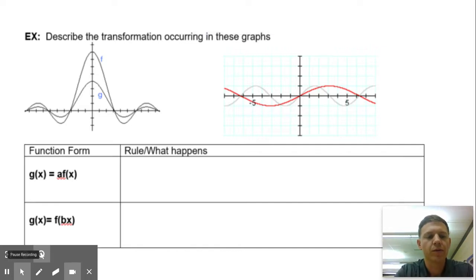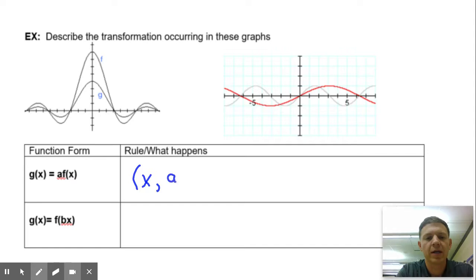The rule for our first situation: for our new function, if we take the parent function and multiply it by a, as we know from the graph above in blue, what changes is the y-coordinate. So the x stays the same, and the y-coordinate gets multiplied by a. I'm going to write it a times y.